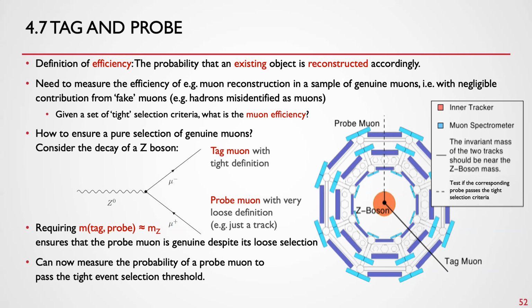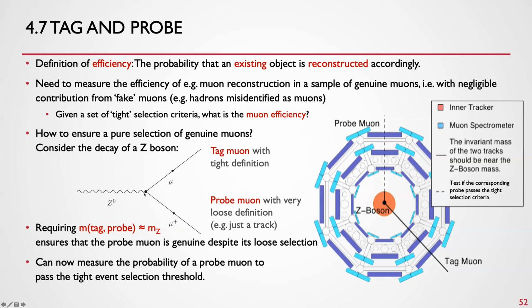And note the idea here. The idea here is to select a pure muon sample without running the reconstruction, and it is done by requiring that the 2 candidates, the tag and the probe, form a Z boson candidate. Okay, so we know the Z boson mass, we know the Z boson decays into a muon, and we tag one of these muons.